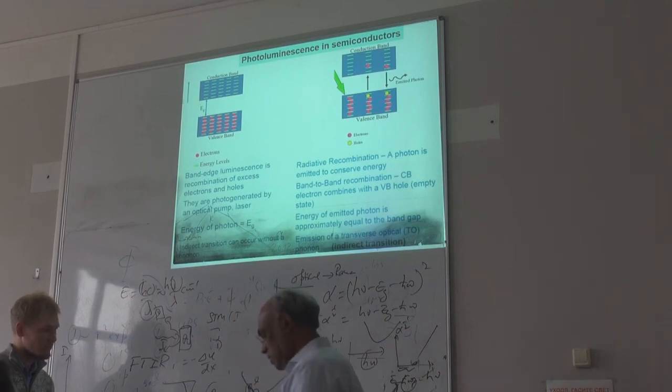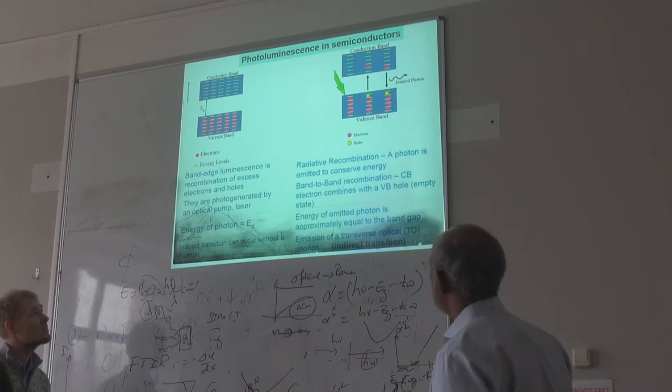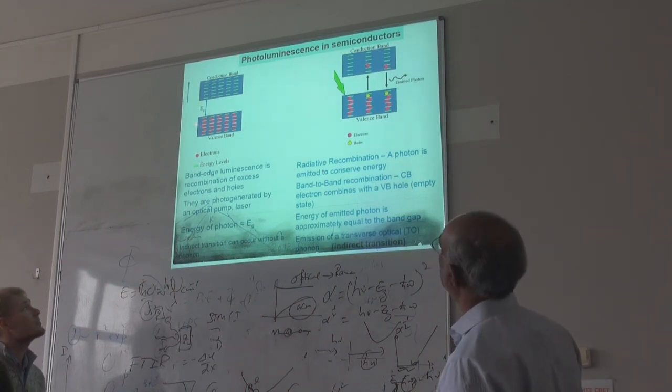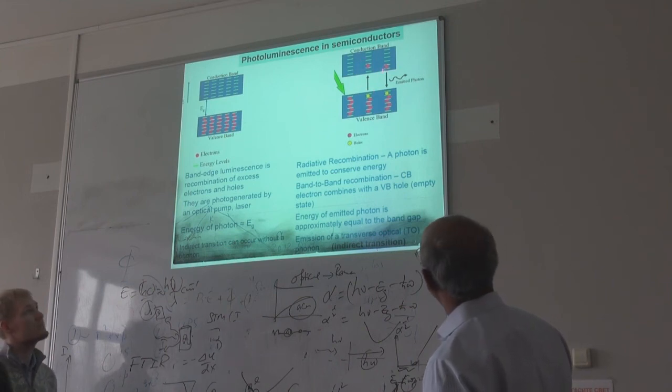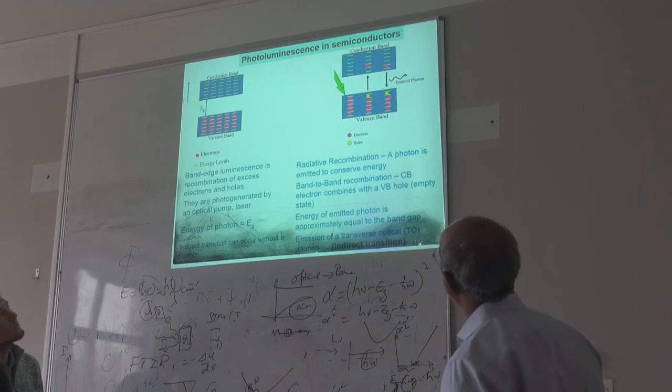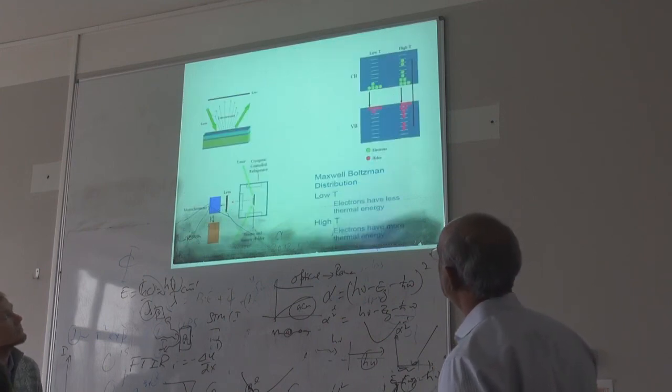Right? So that information you can get from photoluminescence. So this is what I was trying to say. With this one you excite here, they will come down here and emit a photon. So here are some of the details.